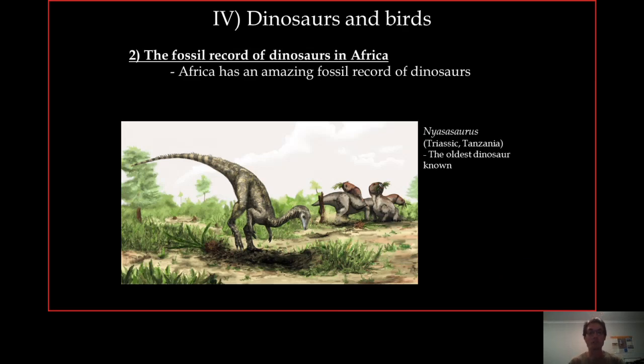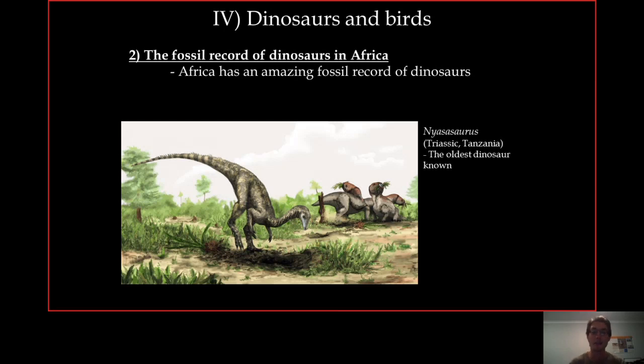And now we are going to look at the fossil record of dinosaurs in Africa. So not the complete fossil record, but at least the most important dinosaur fossils that you find in Africa. Probably you were not aware that dinosaurs were found in Africa, but actually there are a lot of dinosaurs in Africa.